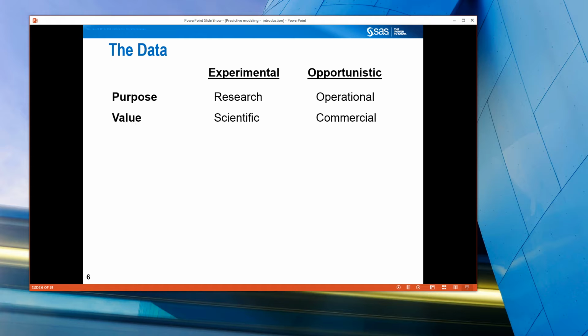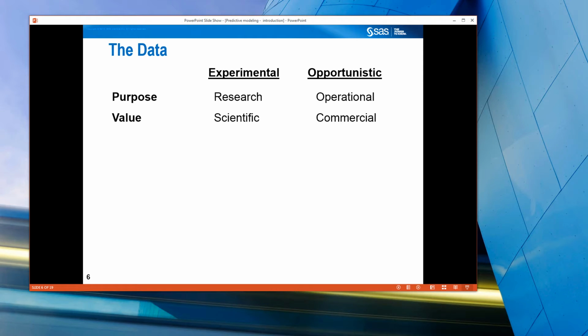And why do academic organizations do research? Scientific reasons. They want to advance theories or develop new theories, and explain existing theories, and advancement of knowledge is the purpose with academic experimental folks, whereas business use of data mining is all about commercial.